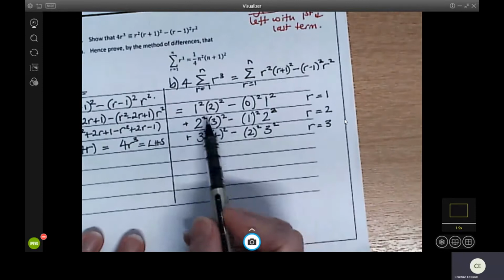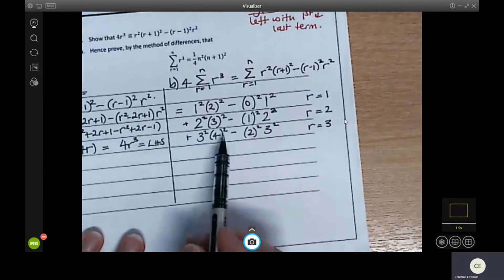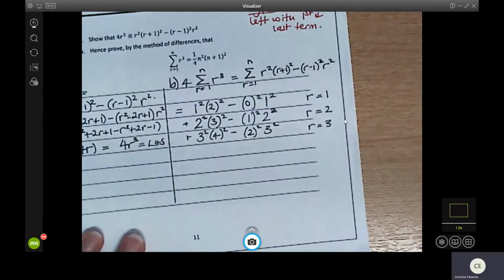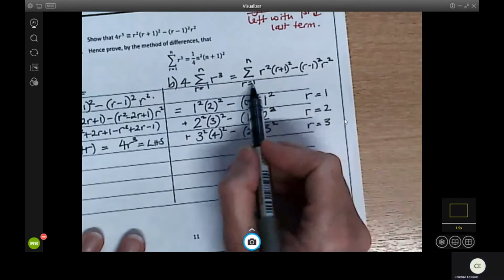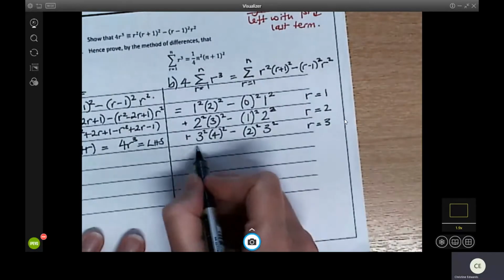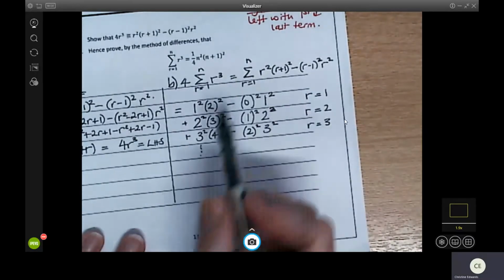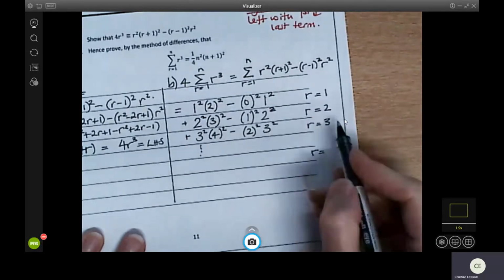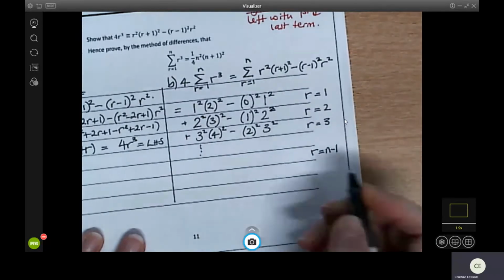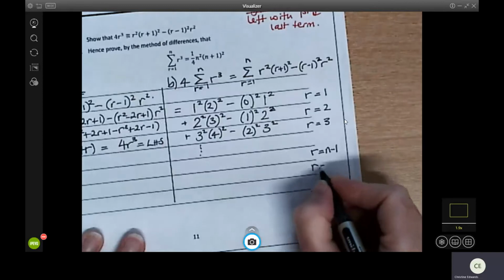So you can start to see that we are starting to get one or two terms repeating. And that is the power of the method, because it will allow me to do some cancellations. Now, I obviously can't write them all out, so I am going to jump to the end of the series, and I'm going to consider r as n minus 1 and r as n.